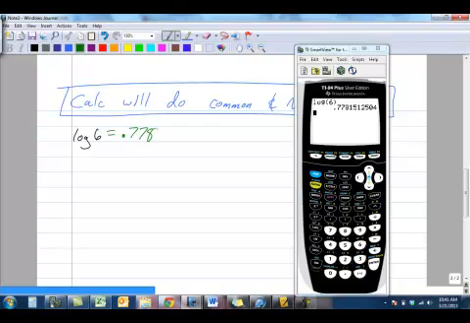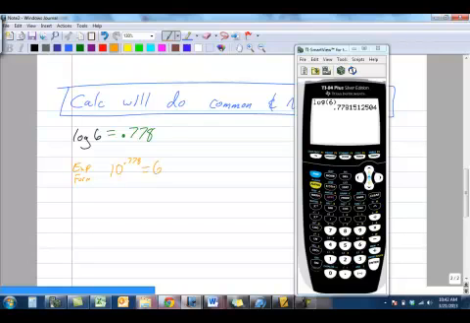Now, how do I know that that's the case? Well, let's think about this. Let's go back. If we were to write this in exponent form, what is the base? Well, this is log base, and if there's nothing there, it's 10. So this is 10 to the 0.778 power.